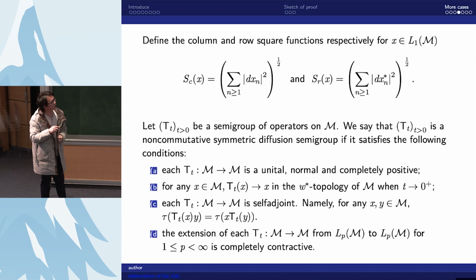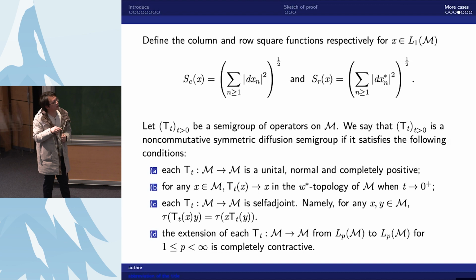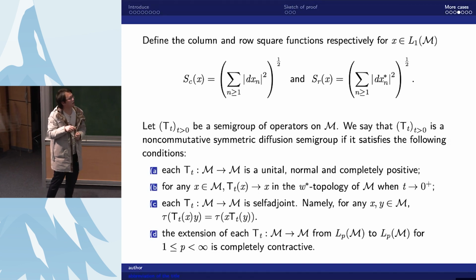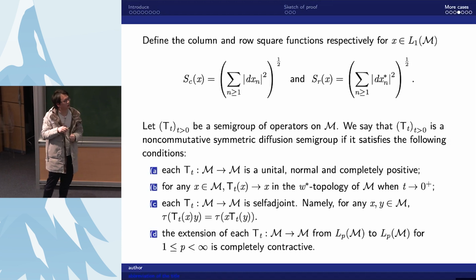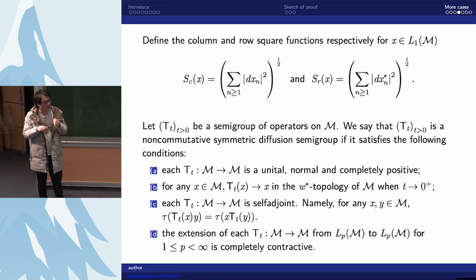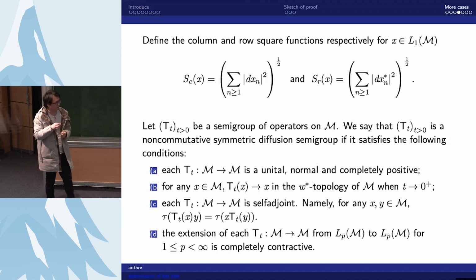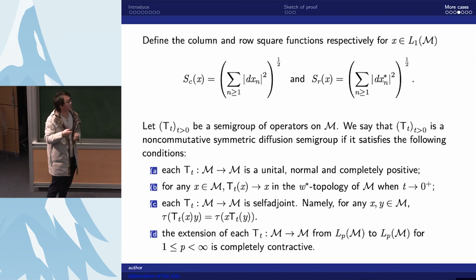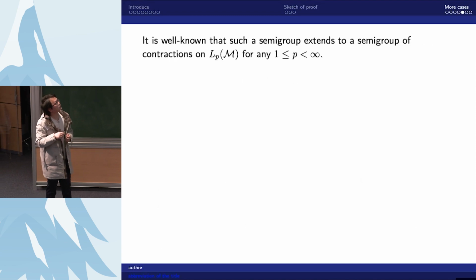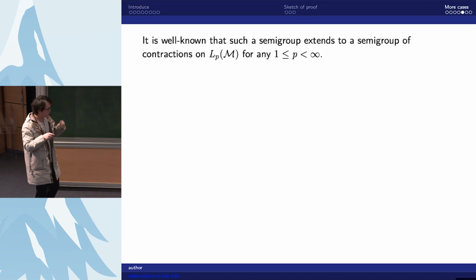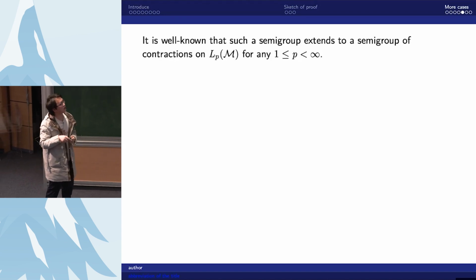Condition D: the extension of each T_t from L^p(M) to L^p(M), for every p bigger or equal to 1 and less than infinity, is completely contractive. These results are analogs of the classical case. Then it is well known that such a semigroup extends to a semigroup of contractions on L^p(M) for any p bigger or equal to 1 and less than infinity.